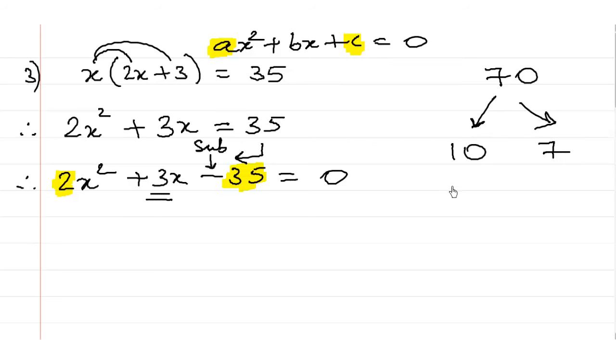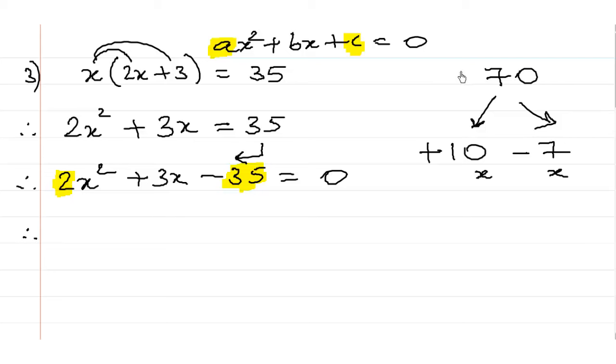That's right. So I'll write x, the variable. Now this is the sign of the greater number, so we will write plus 10x, and again plus and minus is minus, so we'll write minus 7x. The mixture sign goes to the smaller number. So I'll just remove all these markings. So now what?